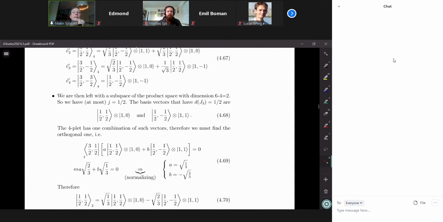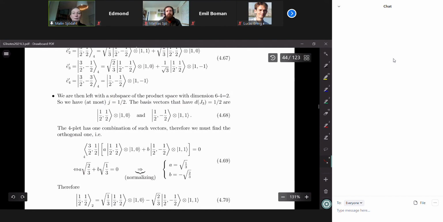The hiding representation can be at most two-dimensional, because there are only 2 dimensions remaining. And it is exactly 2-dimensional, otherwise it would be a trivial representation, it wouldn't be interesting. So we have this J = 1/2 representation here with dimension 2. So spin 1/2, there are 2 states.